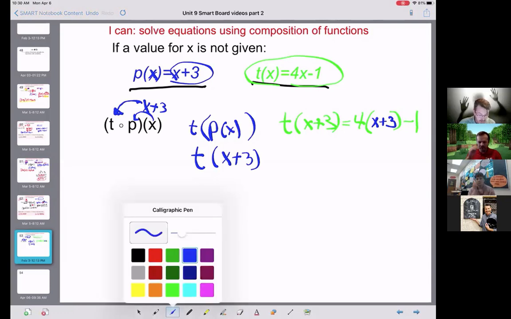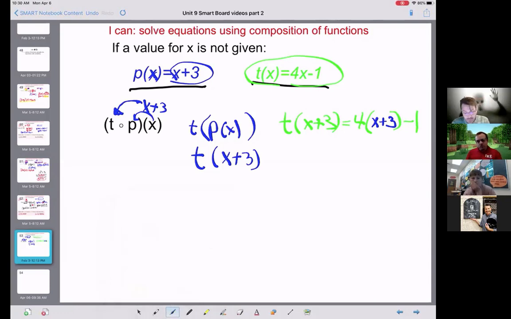And then again, to simplify this, I'm going to need to distribute. 4 times x is 4x. And 4 times 3 is 12. And I bring down the minus 1. And so I think, oh, I'm done. But in this case, I actually have some like terms. I have 2 constants. I have plus 12 and minus 1.